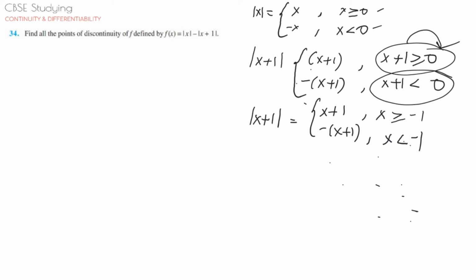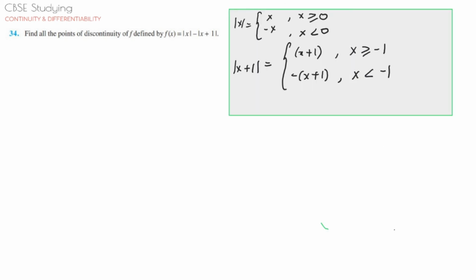So this and this are the two conditions that we are going to follow for solving this question. So make a note of this and keep this in mind. Alright, so I've put it in a box over here so that it's easy for us to refer very quickly.